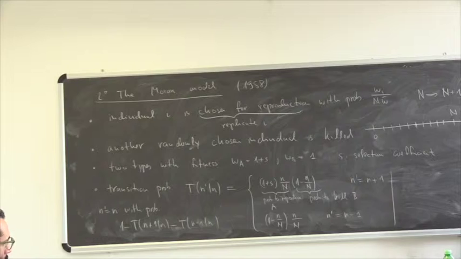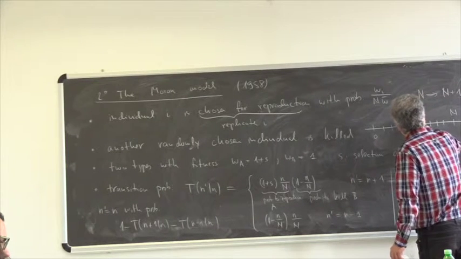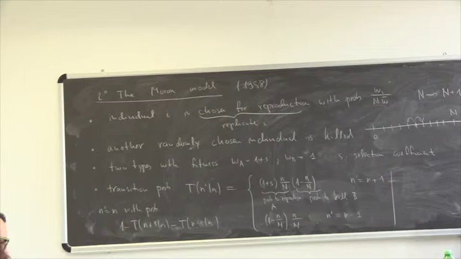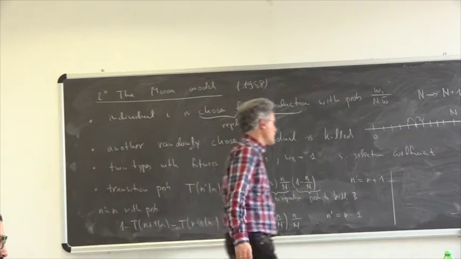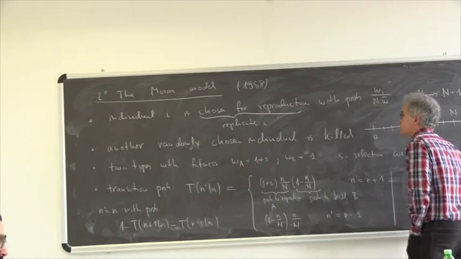And I start here, then I can only do nearest neighbor jumps, right? So the process can only go here or here, but it cannot make any longer jumps. So this is now really like a nearest neighbor random walk, but with a kind of position-dependent rates, okay? And so now again, we want to calculate the fixation probability.